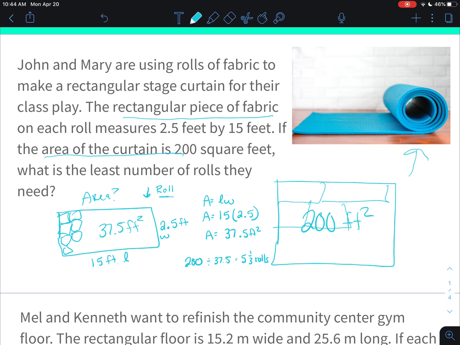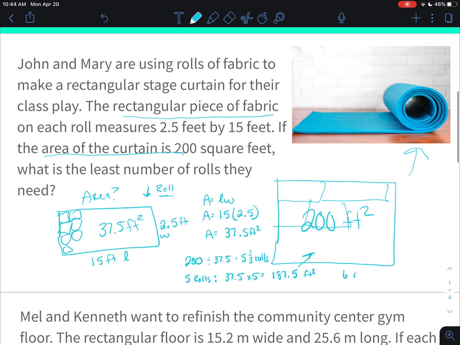So if I just buy 5 rolls, I know that each roll is 37.5 square feet. And if I multiply that by 5, 37.5 times 5, that would only give me 187.5 square feet. That is not enough to make my 200 square foot curtain.